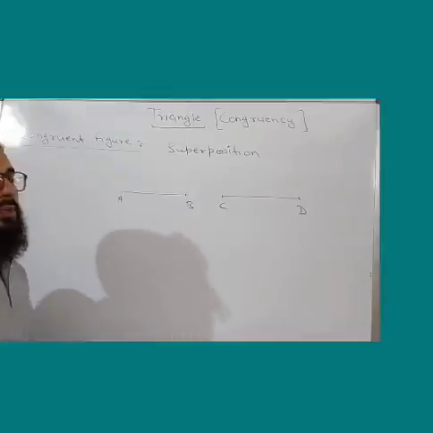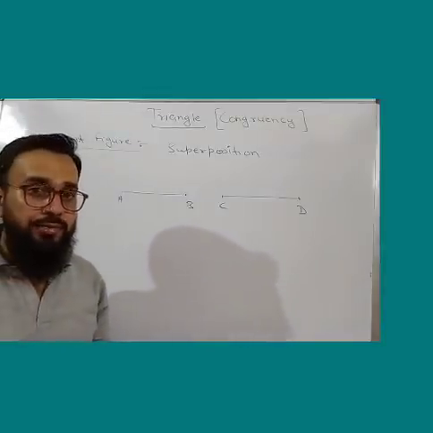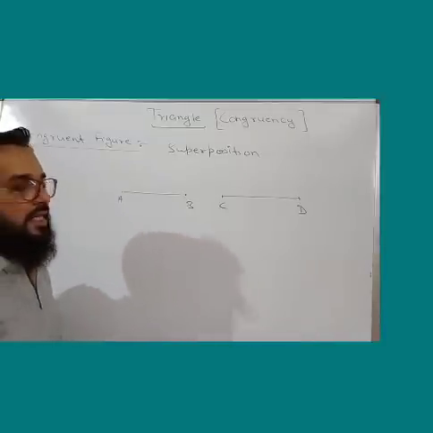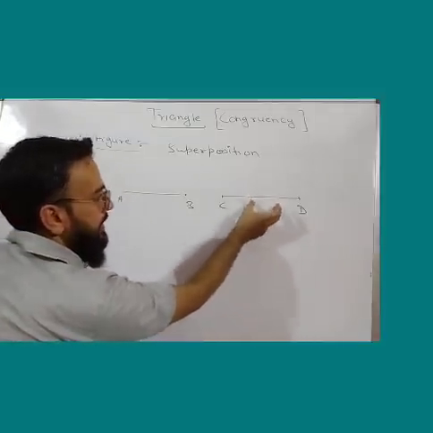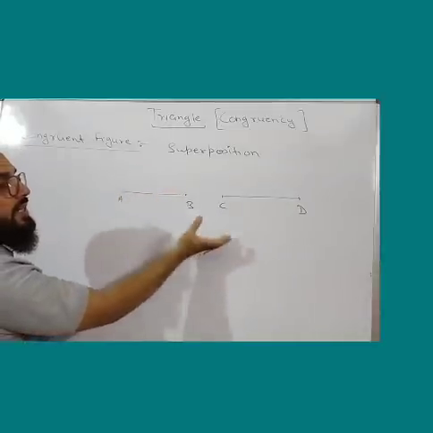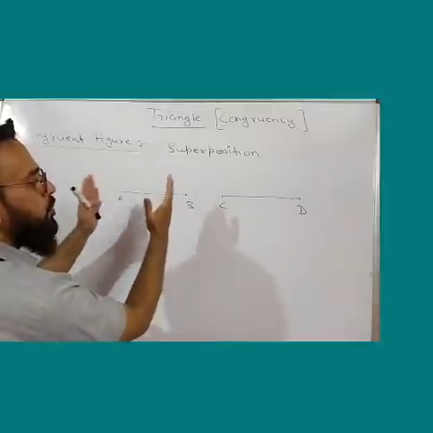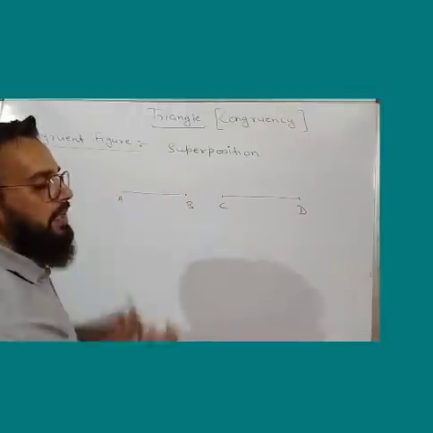These two lines will be known as congruent lines if both of them superimpose on each other. It means if we take the line CD and put it on AB, then it will cover it completely. The line CD will superimpose on AB, it means it will cover up the line AB.